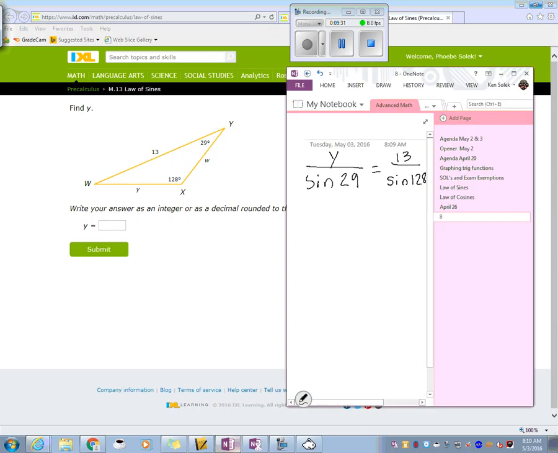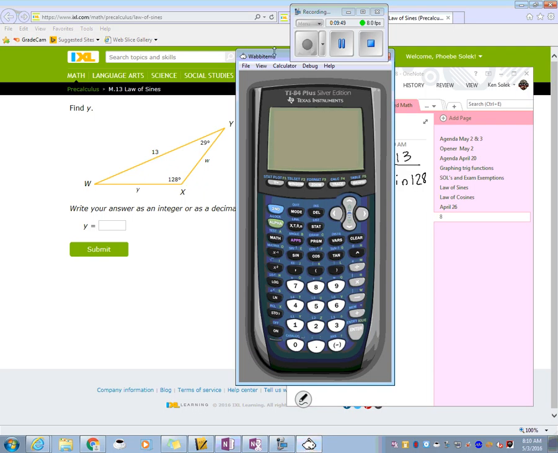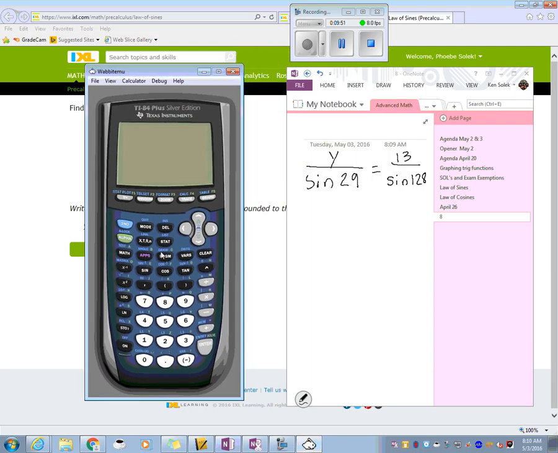I want you to be careful about what you put in your calculator, because I don't want you to mistype anything. As you get your calculator handy, our mode needs to be degrees. And now we're going to do cross products.